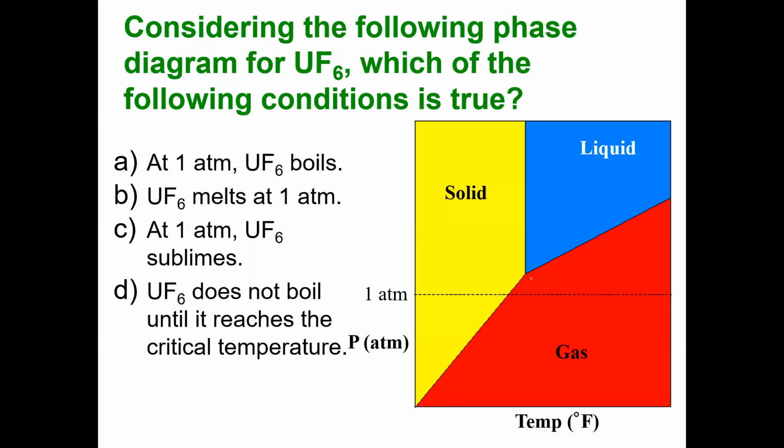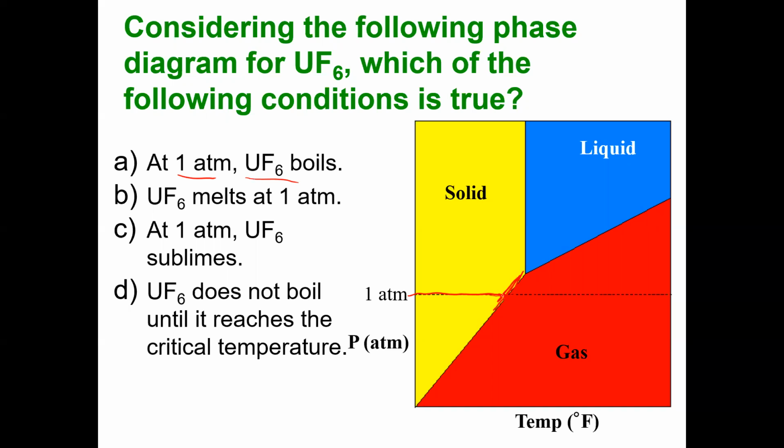So let's consider another phase diagram, uranium hexafluoride, and which of the following conditions are true. At 1 atmosphere, does UF6, uranium hexafluoride, boil? So at 1 atmosphere, if I go across, even if I increase temperature, I go from a solid straight to a gas.